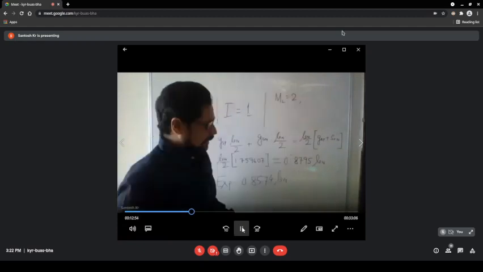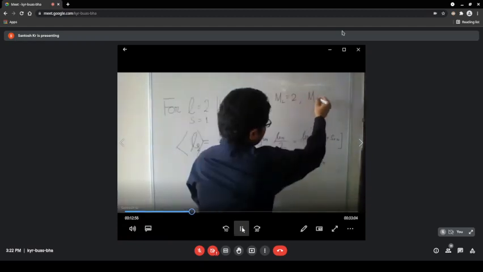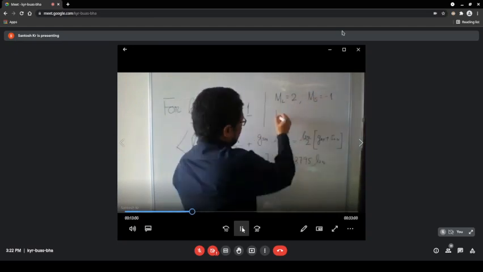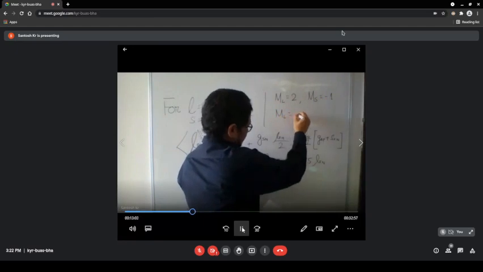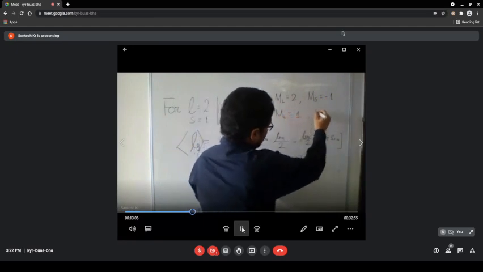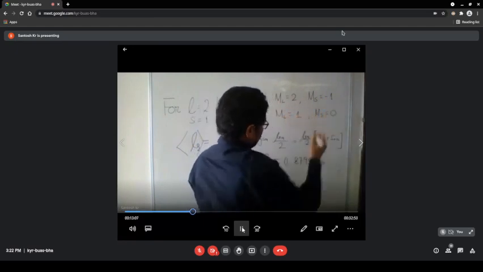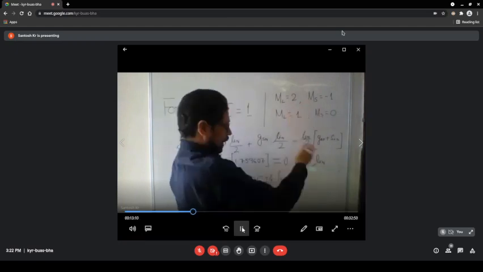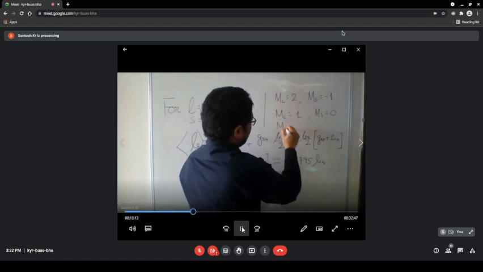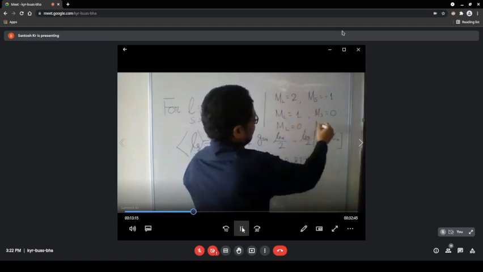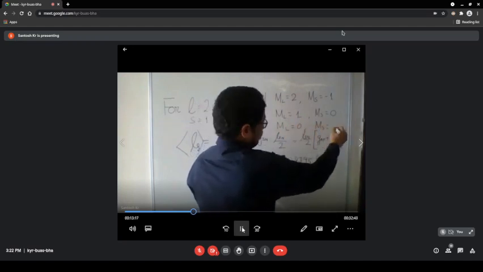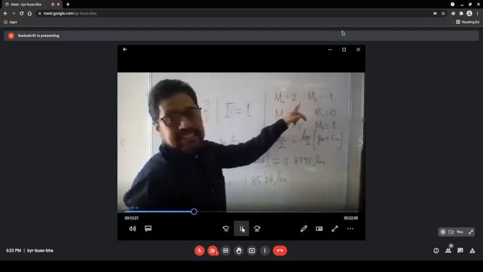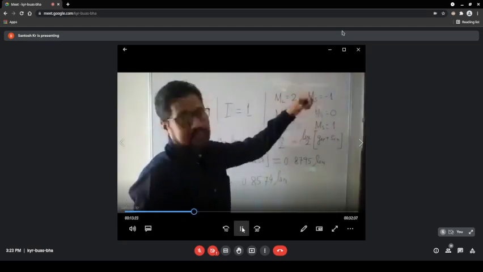Second, you will find ml equal to 1, at that time ms equal to 0, because both additions should be 1. And whenever ml equal to 0, at that time ms equal to 1. In this case you will find this wave function, down, down.